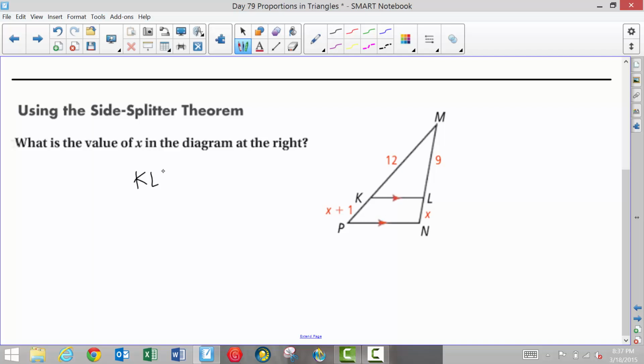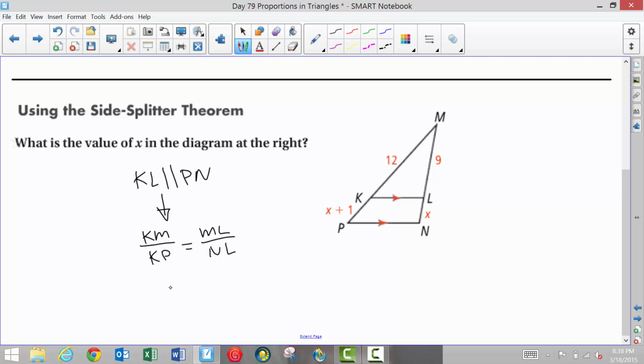So since KL is parallel to PN, I now know that KM over KP is going to be the same as ML over NL. So I know that the ratios are going to be the same.